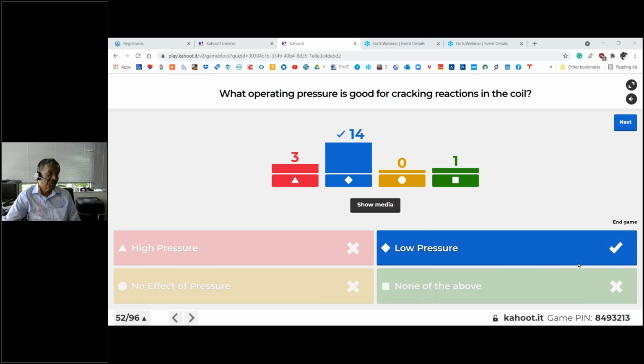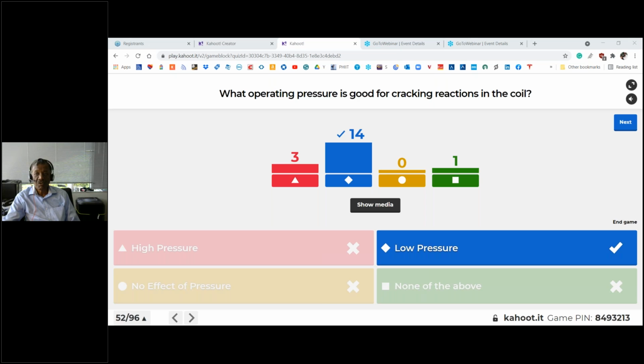Okay, low pressure. Most of you got it right. Low pressure definitely helps. Olefin yield is increased as the partial pressure is maintained low through the cracking coil. Since most of the secondary products result from reactions in which the number of molecules decreases, increasing the pressure favors the secondary products.